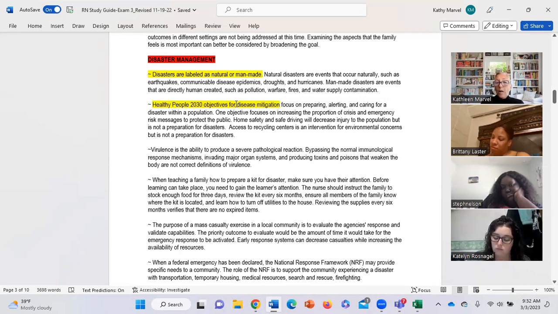What are they focused on with regards to disease mitigation? Preparing, alerting, and caring for a disaster within the population. That's their main objective. Then it goes through what objective focuses on increasing the proportion of crisis and emergency risk messaging. So it's about alerting, messaging, communication, home safety, safe driving during a disaster. So go back and read through Healthy People 2030 for that chapter.